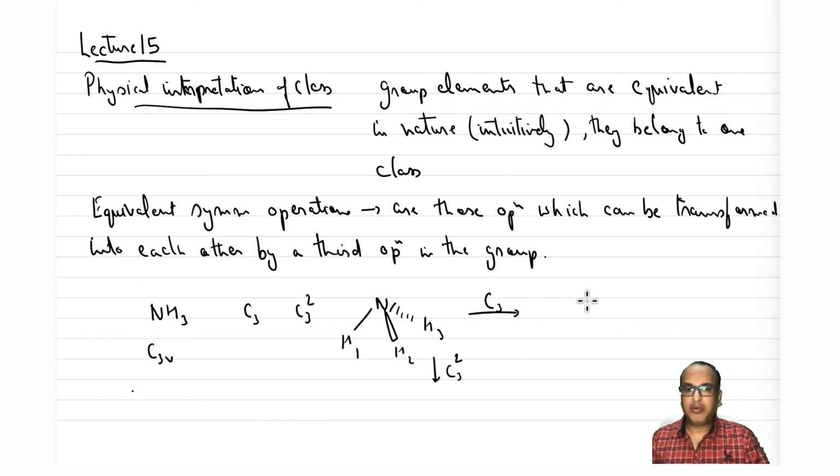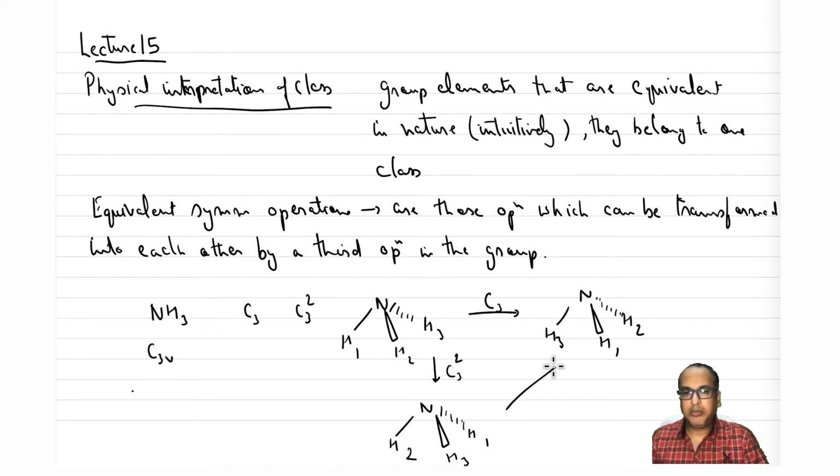So C3 anti-clockwise will give you, the 3 goes to 1, so 3, 1, 2, and C3 square will give you, 3 comes here, right? 3, 2, 1. Now these two operations must be related by a third symmetry element. So if I want to go from here to here, what symmetry operation can I use so that I can call these equivalent? Can you find one?